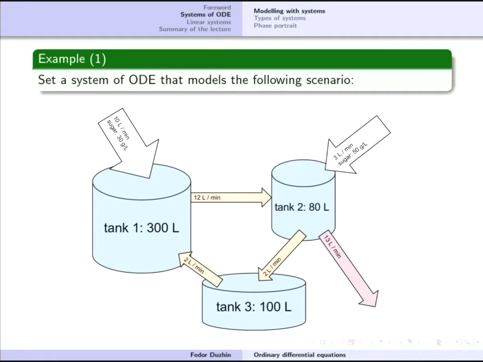And at the same time, there are pipes between tank 1, tank 2, and tank 3, and the mixture is moving between the tanks. And the rate of each flow is given here. The question is to set up a mathematical model of how much sugar we're going to have in each tank after a certain period of time.